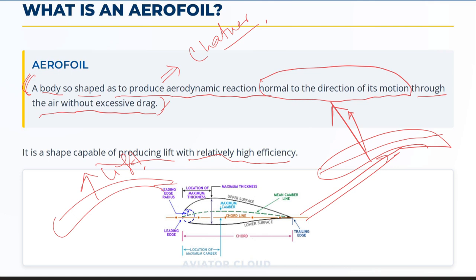So if you can remember, it is very good. What is an aerofoil? An aerofoil is a body so shaped as to produce aerodynamic reaction. So aerodynamic reaction, in other way you call it lift.